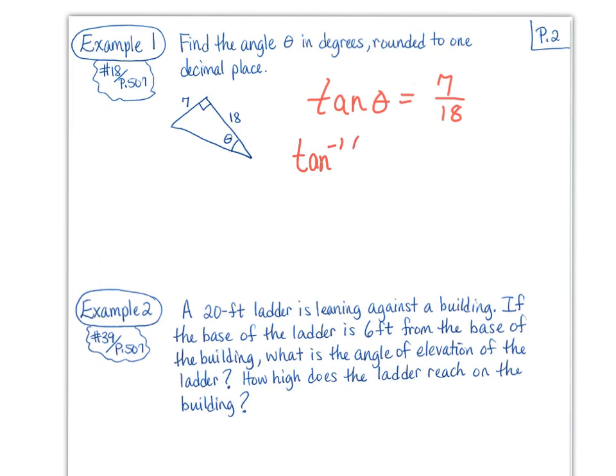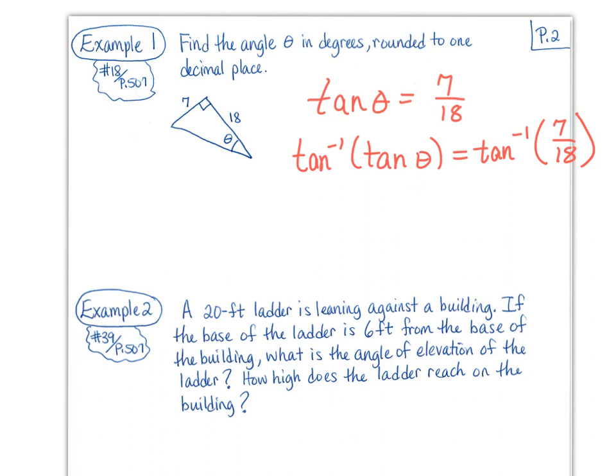Tangent inverse of tangent of theta would then be tangent inverse of 7 over 18. Now, tangent inverse of tangent of theta is just what? You're composing tangent inverse and tangent of theta, so you just get theta.